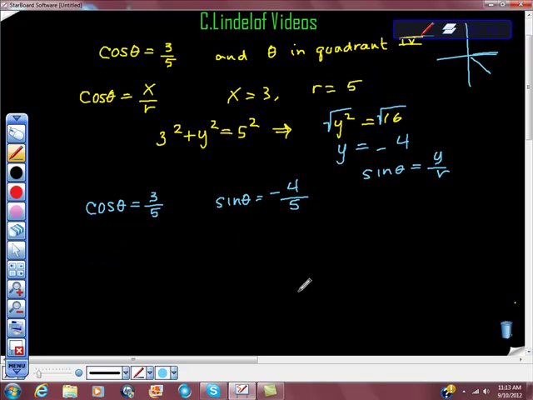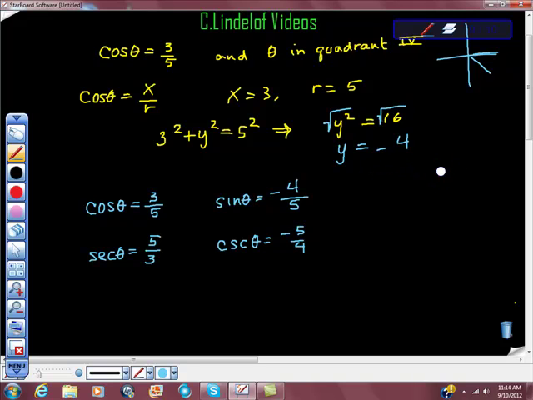So let's take a look at this. The opposite of cosine theta is secant theta, its reciprocal. So we just take its reciprocal, which is 5/3, isn't it? For sine, its reciprocal is cosecant theta, which happens to be negative 5 over 4.